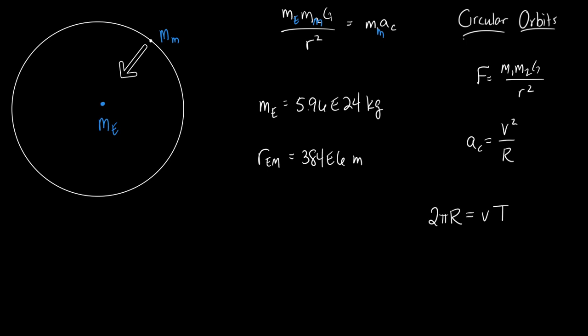And we're going to do the example where the Earth is at the center of the orbit. So the Moon is orbiting the center of the Earth. That will allow these two things to be equal. If we say the Moon is orbiting the center of the Earth, those two things are equal.